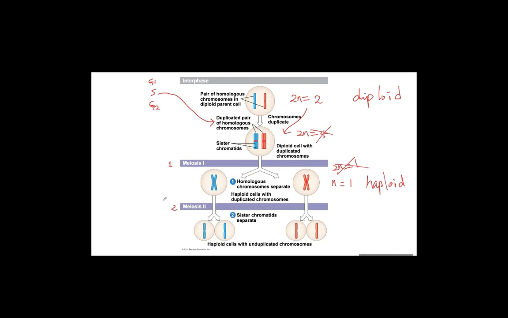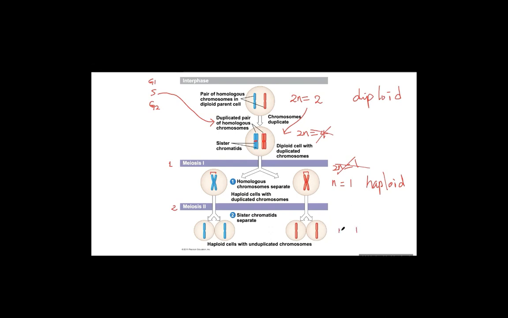And then meiosis 2. You can see that in meiosis 1, even though the chromosome number is reduced in half, the sister chromatids still bind each other, right? These sister chromatids separate during meiosis 2. It's similar to mitosis, right? But how many chromosomes exist inside the cell? Still one chromosome.